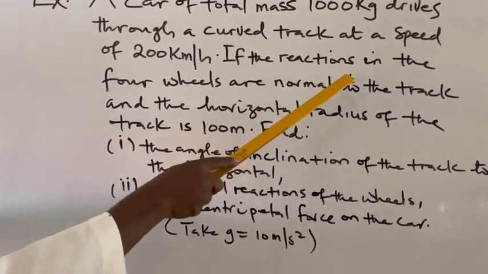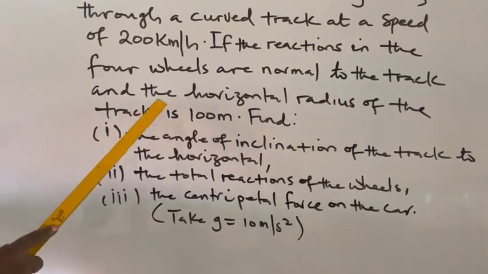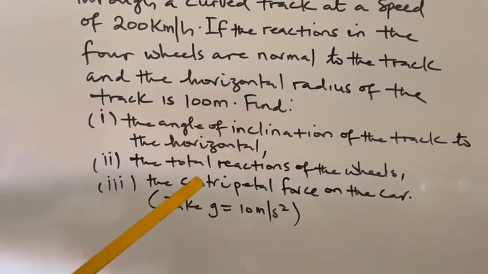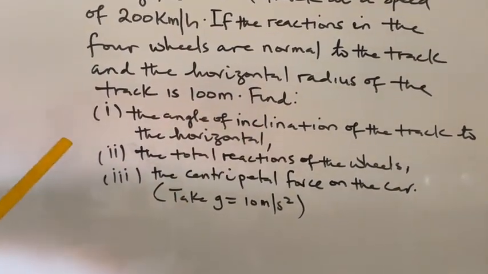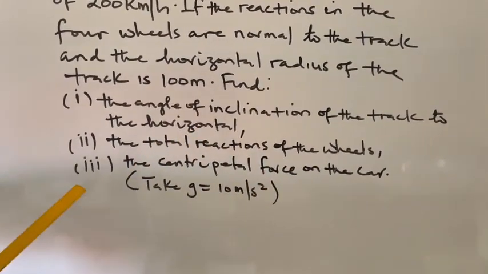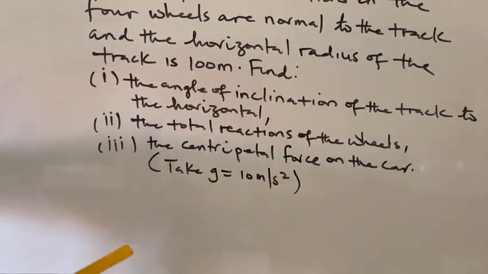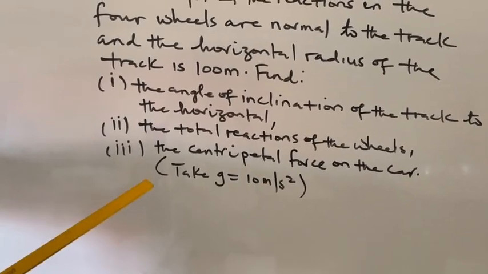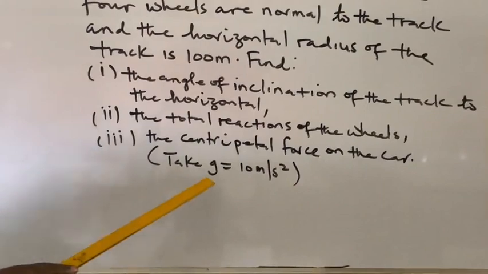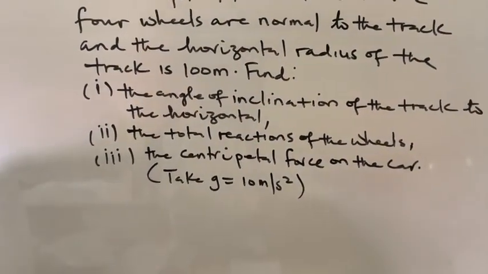If the reactions in the four wheels are normal to the track, and the horizontal radius of the track is 100 meters, find: one, the angle of inclination of the track to the horizontal; two, the total reactions of the wheels; three, the centripetal force on the car. We have to take acceleration due to gravity as 10 meters per second squared.